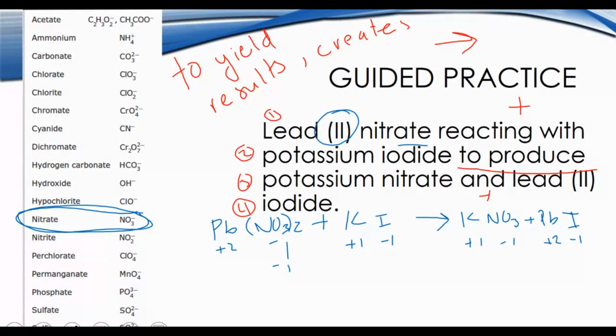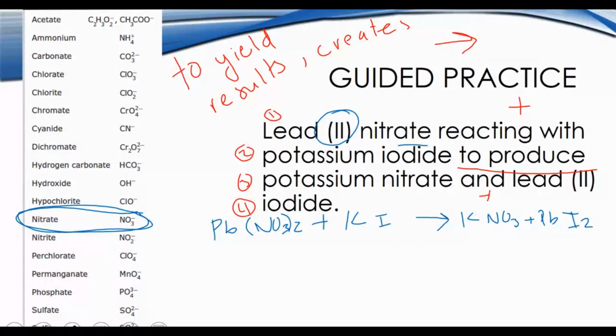Potassium nitrate, plus 1 minus 1 equals 0, so those are good. And then PbI, well, I need another iodine, so that means subscript 2. Here on screen, I'm going to erase my charges because I've already made all of my compounds equal to 0, so I don't really need the charges anymore.